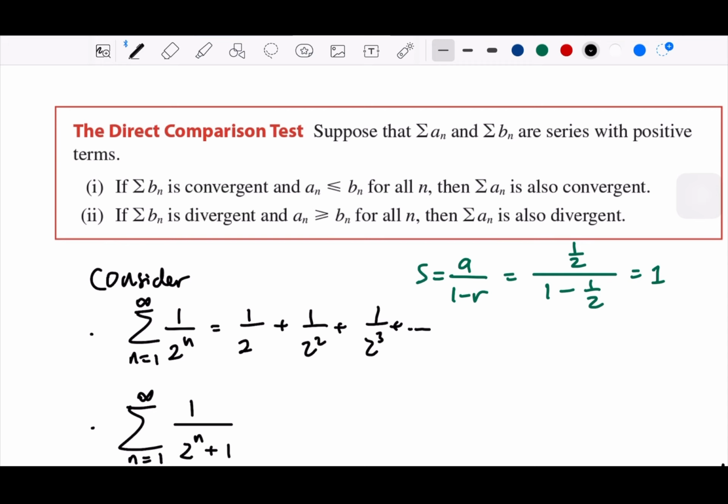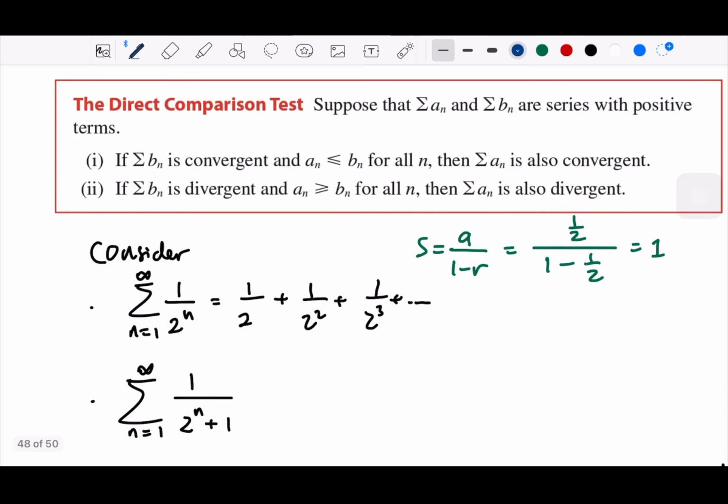Because we know the sum of the first one, perhaps we can compare with the second one, and that's how this direct comparison will make the point.